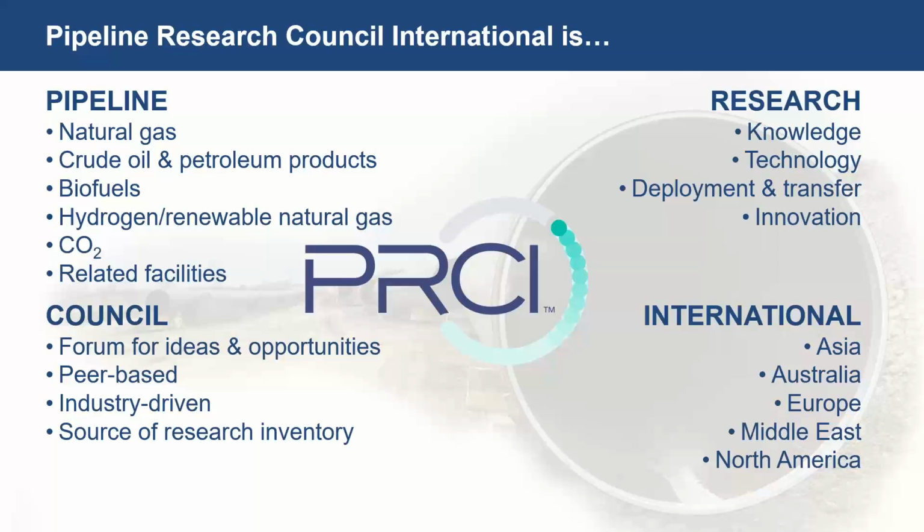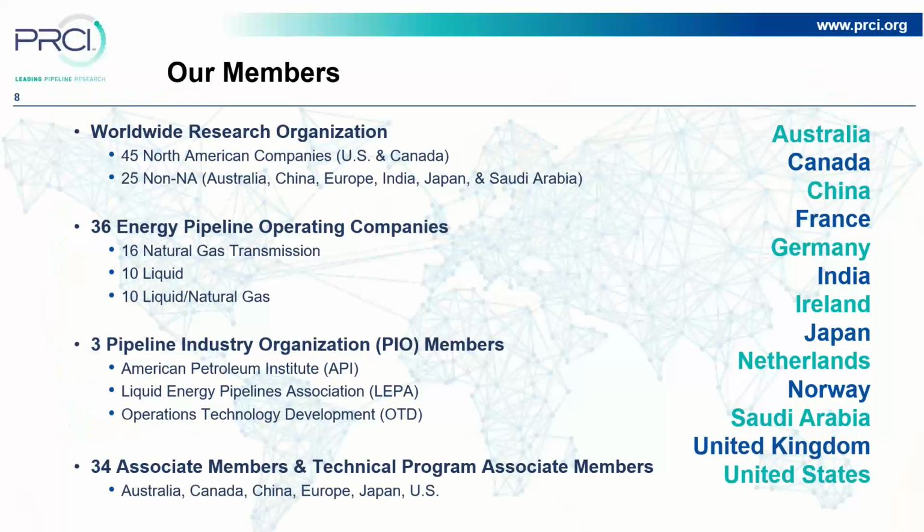And then just real quickly on the last slide for the PRCI overview, this gives you a bit more of a quantity count of the breakdown of membership that we have. You can see there, based on counts, we are heavily North American, but we do have non-North American representation in the organization.